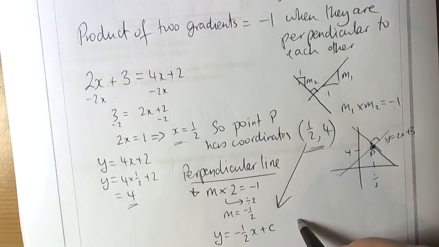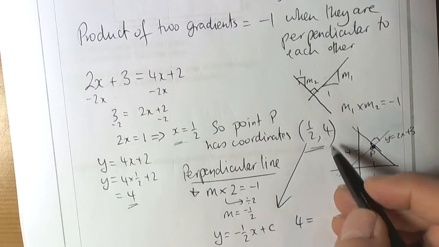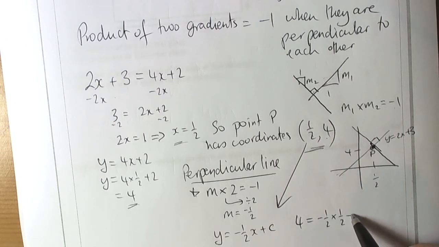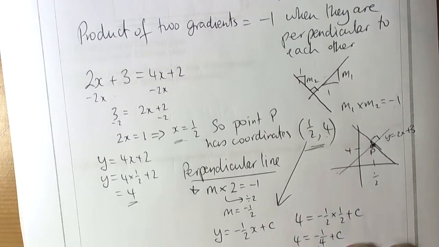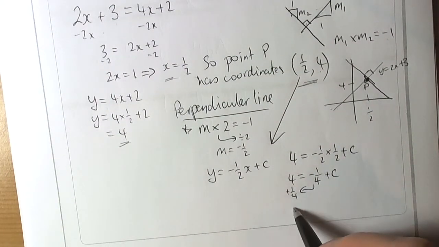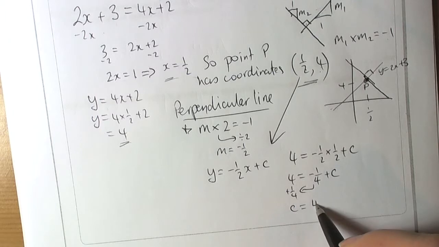So from here we know that 4 is the y value, the half is the x value, so we've got 4 equals negative a half times a half plus c. Well, negative a half times a half is negative a quarter. So we add that across, and then we find that the c value is 4 and a quarter.